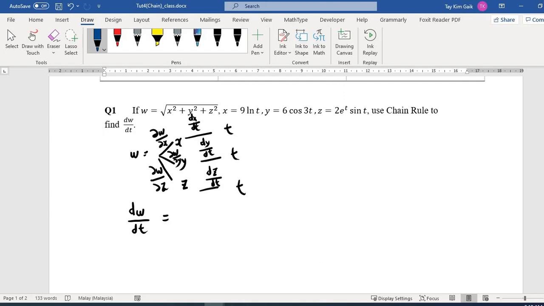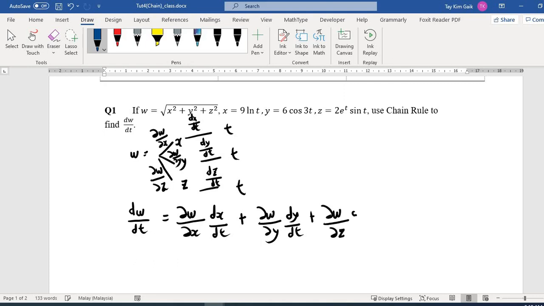So dw dt, if using chain rule, you just sum the product of each half of the tree diagram. This one is del, because w has x, y, z, 3 variables. So it's del w del x multiply dx dt, plus del w del y dy dt, plus del w del z dz dt.